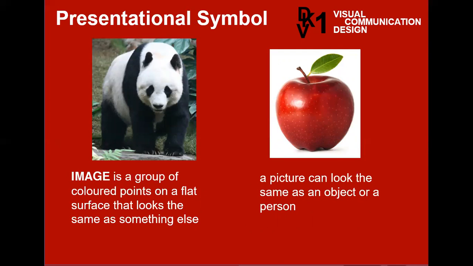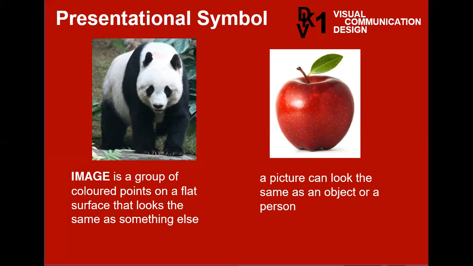Now, the next one is presentational symbol. An image is a group of colored points on a flat surface that looks the same as something else. A picture can look the same as an object or a person.